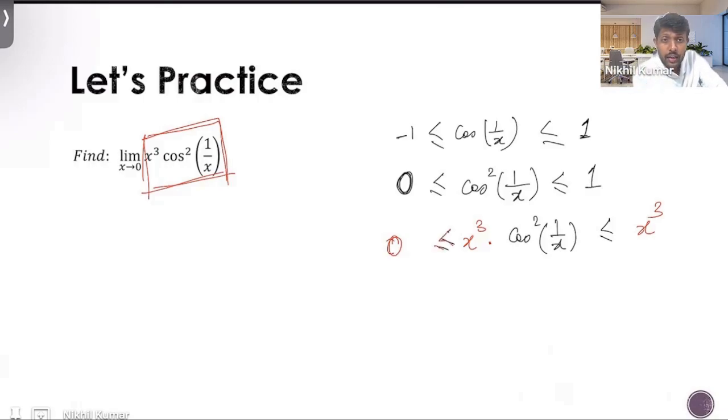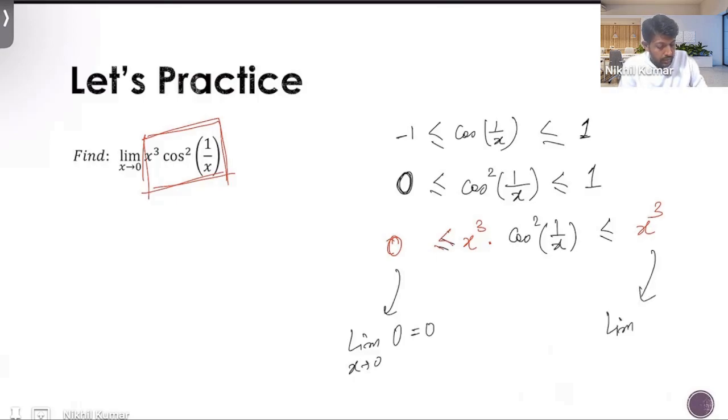Now let's try to figure out the limits of the two bounds. Its limit is going to be 0 no matter what value of x we are approaching. So limit of this is 0. What about limit of x cube as x tends to 0? Again 0.